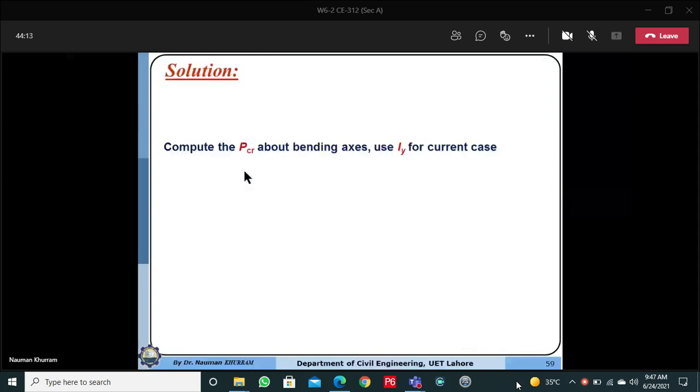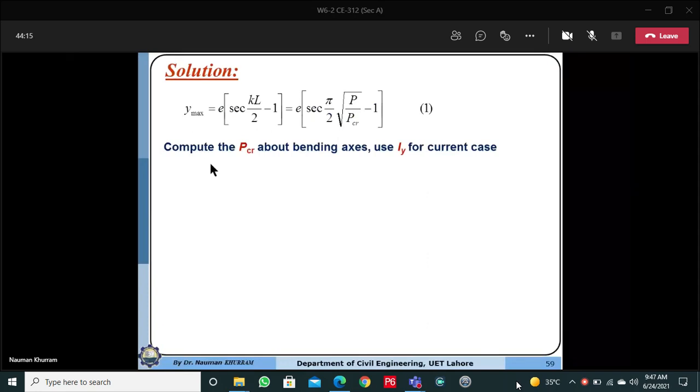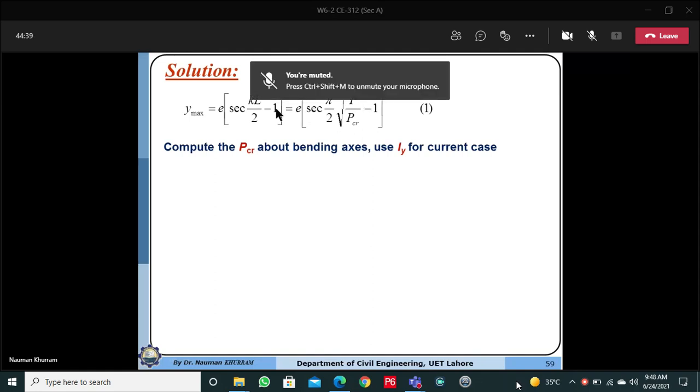In this secant formula, we have to use this formula to determine the eccentricity. Y maximum is equal to e into secant of KL by 2 minus 1. You could replace the K value by P over P critical.